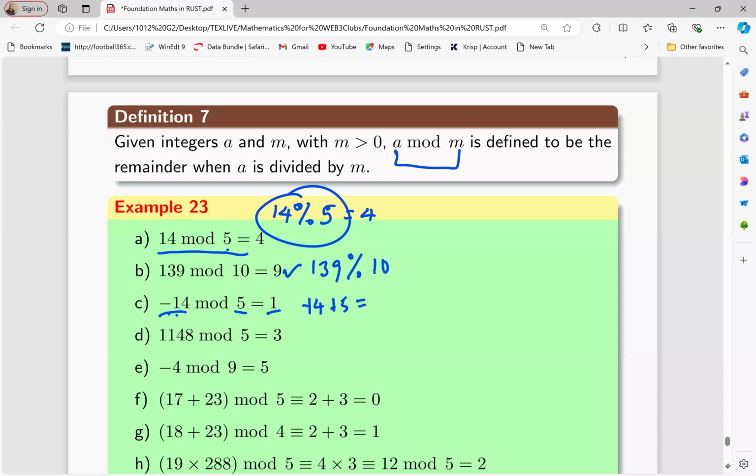You get negative 9. Again, add 5, get negative 4. Again, add 5 until you get a positive value, and the positive value will be 1. So you tell Rust you want a positive value, and this is how we will be doing it.